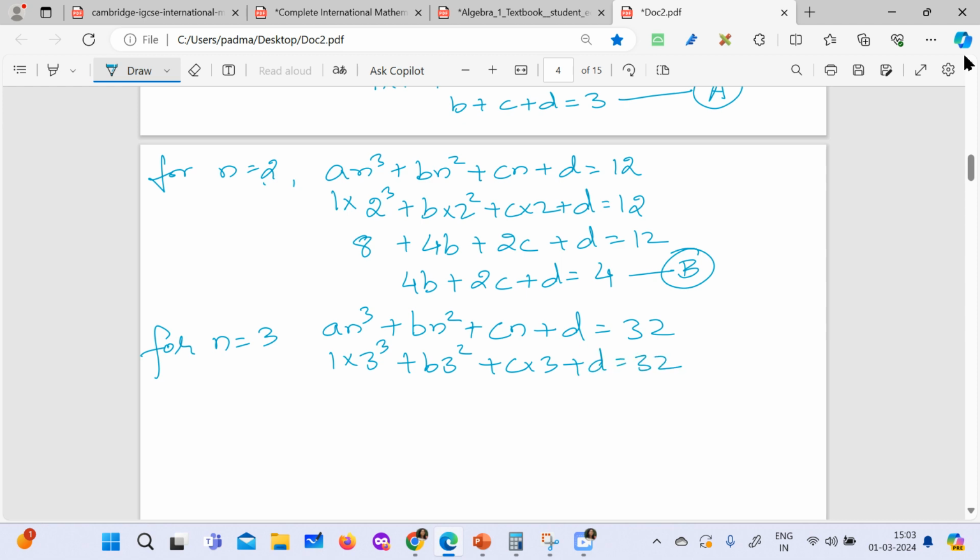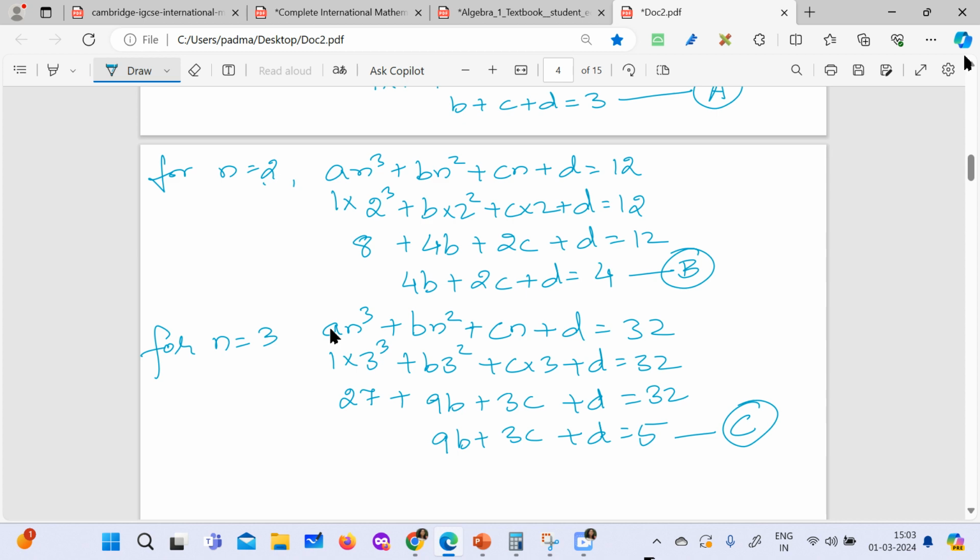Now 27 plus 9b plus 3c plus d equals 32. And now we have 9b plus 3c plus d equals 32 minus 27, which will give you 5. And I will mark this as C. Is this clear to you? Now, very important step we have.